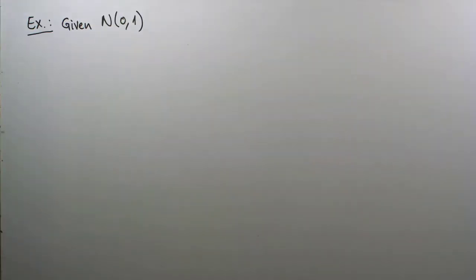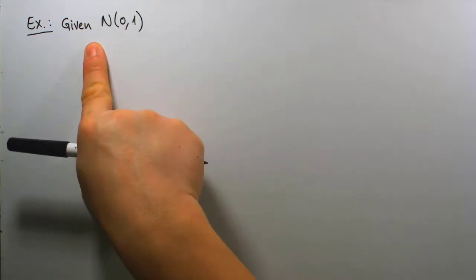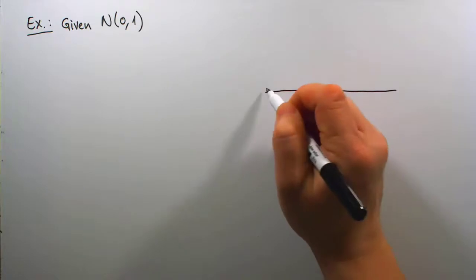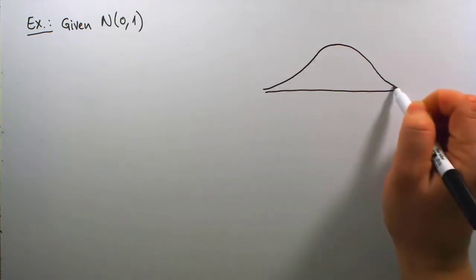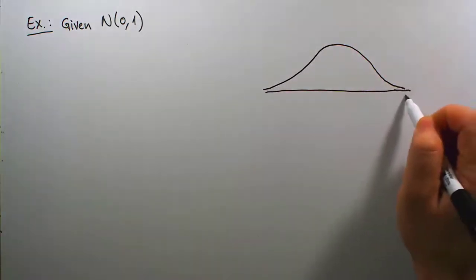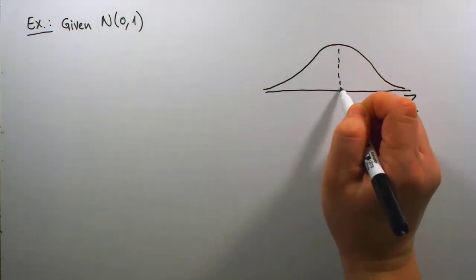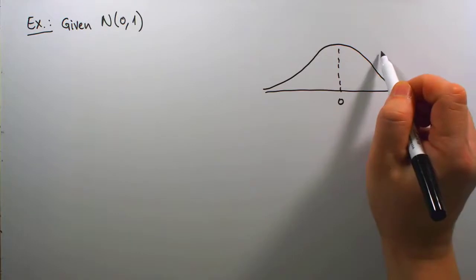And again, on the standard normal distribution, a nice bell curve representing the z variable with center or the mean value at 0 and standard deviation sigma equals 1.